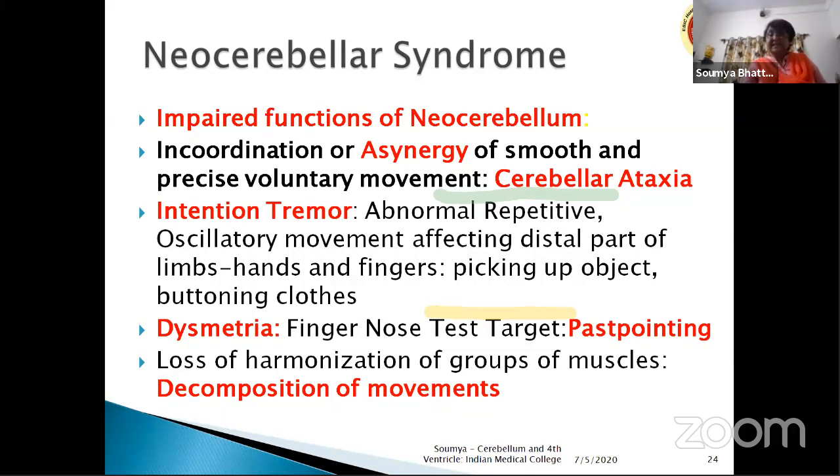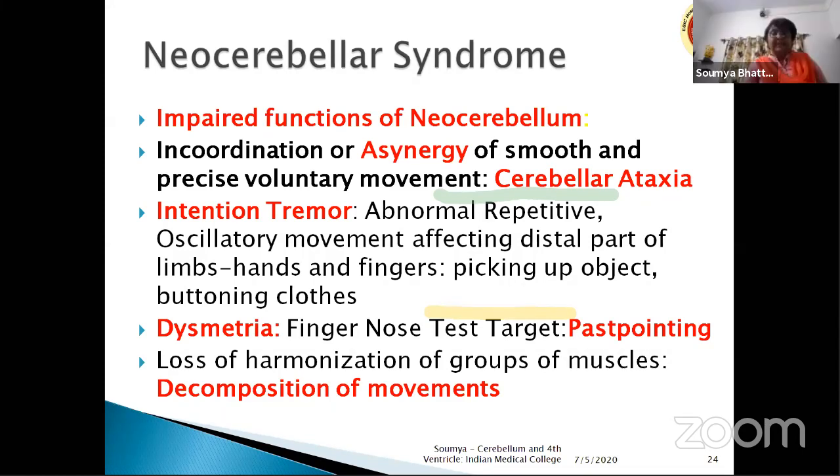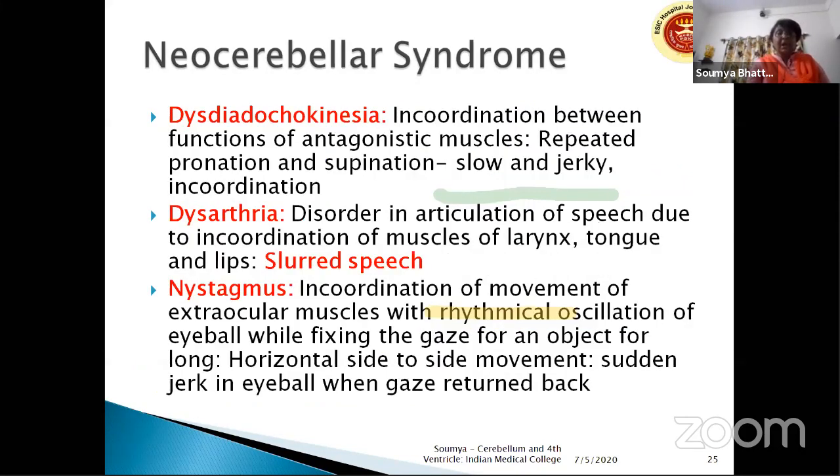Therefore, if it is damaged, we call it cerebellar ataxia. Then the intention tremor, that is abnormal repetitive oscillatory movement, for example buttoning clothes, picking up objects, or dysmetria, finger nose test target, or loss of harmonization or decomposition of movements.